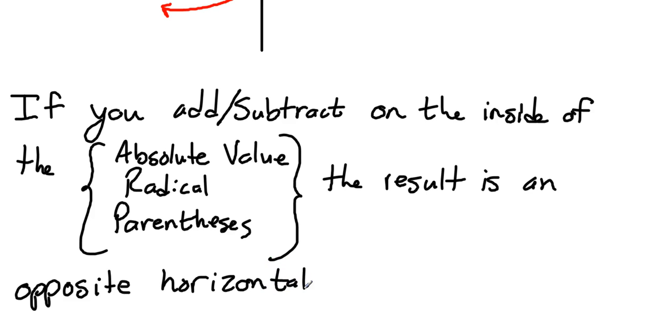They call it translation. Basically, it's a shift is what you want to kind of look at it here. Sometimes they call it translations, but it's just you're moving the graph left and right on this part of it.